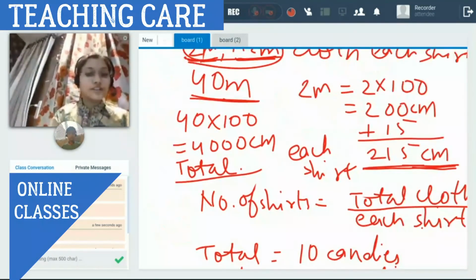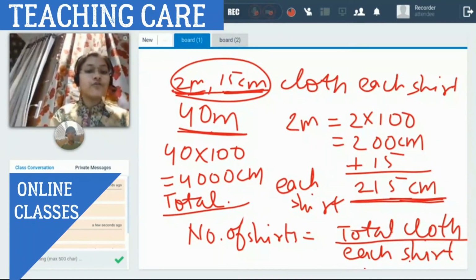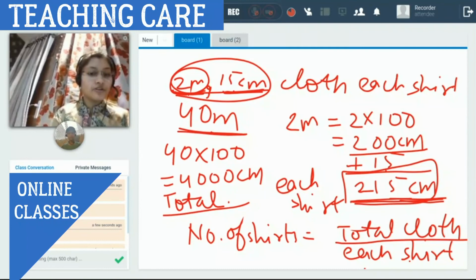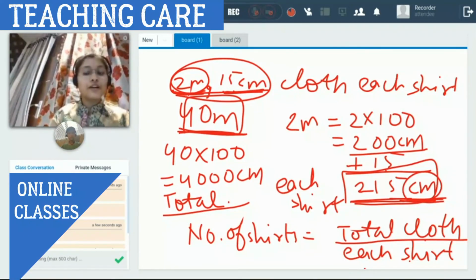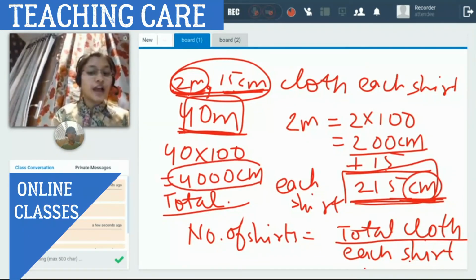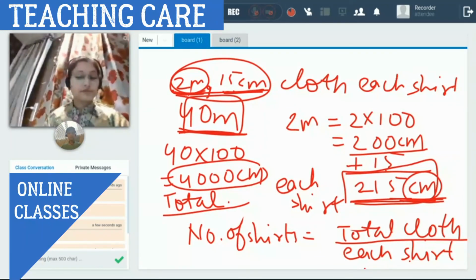The main thing to be considered in this question is you first have to convert them into the same units. If it is given like 2 meter 15 centimeter, then first convert this 2 meter into centimeter, add 15 with it, 215 is the total amount. Then 40 meter was given to me, I will convert it into centimeter also, because my one quantity is in centimeter, so the other has to be in centimeter.